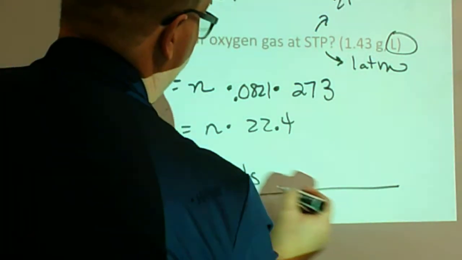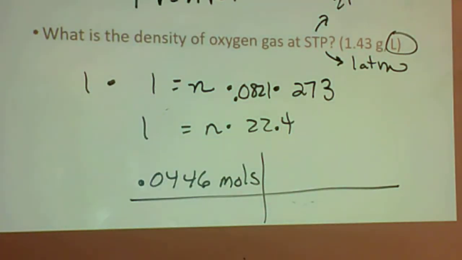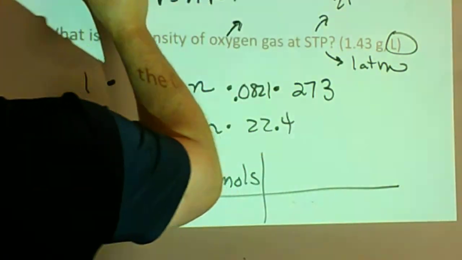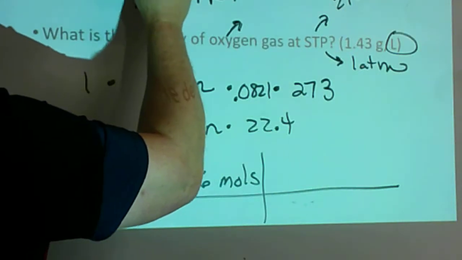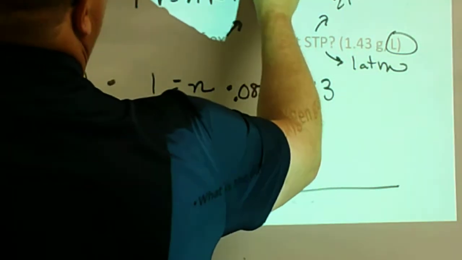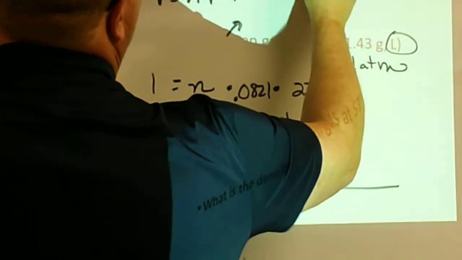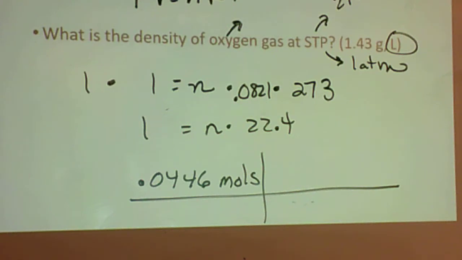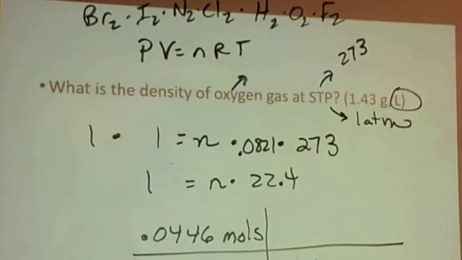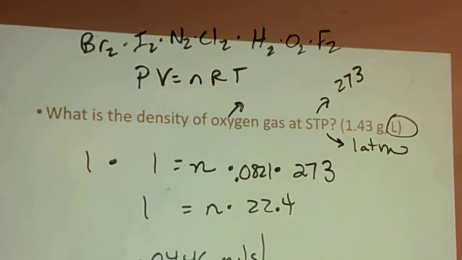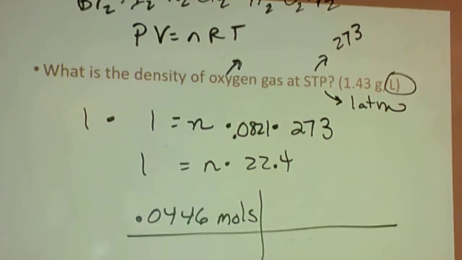Now I have to convert this to my grams, oxygen gas, again part of that Br2, I2, N2, Cl2, H2, O2, F2, Brinkelhoff. We got our bromine, iodine, nitrogen, chlorine, hydrogen, fluorine.